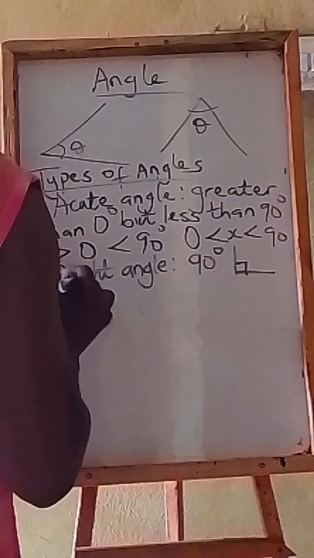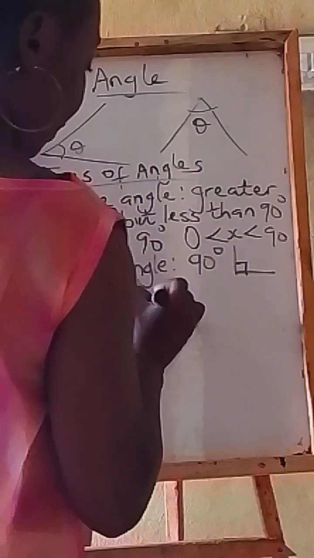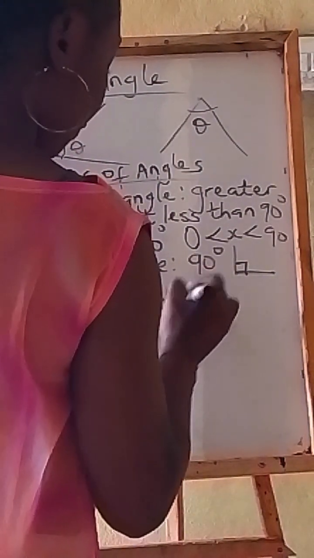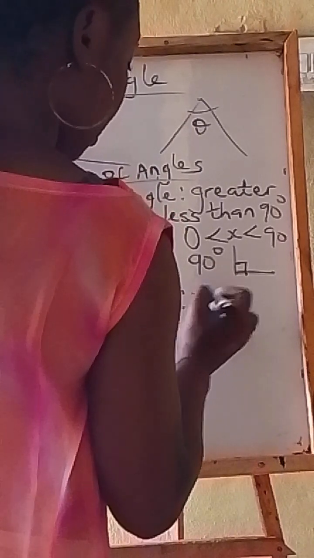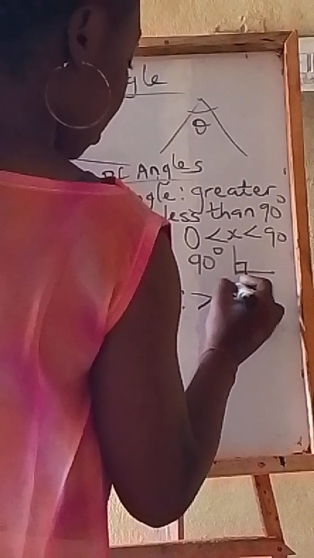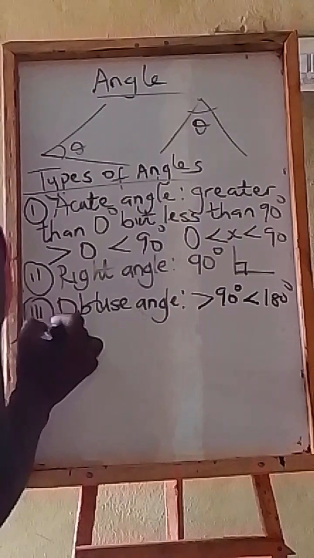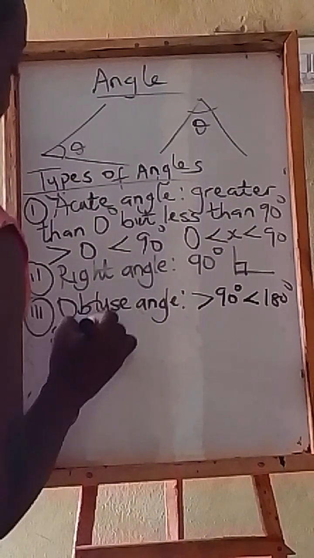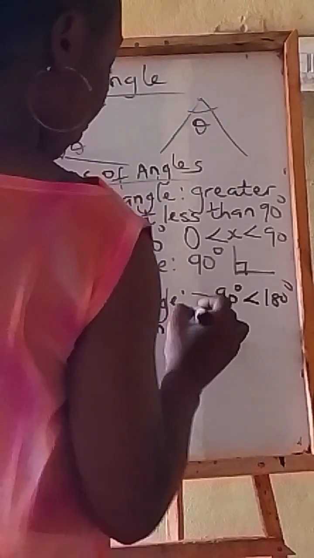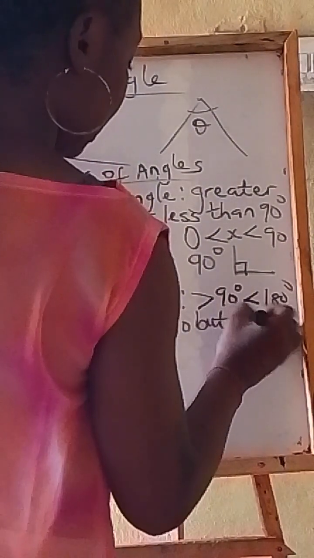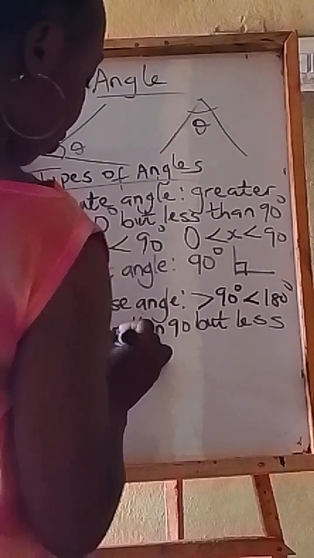And the third one is obtuse angle. An obtuse angle is greater than 90 and less than 180. What did I mean? You have an angle that is greater than 90 and less than 180 degrees.